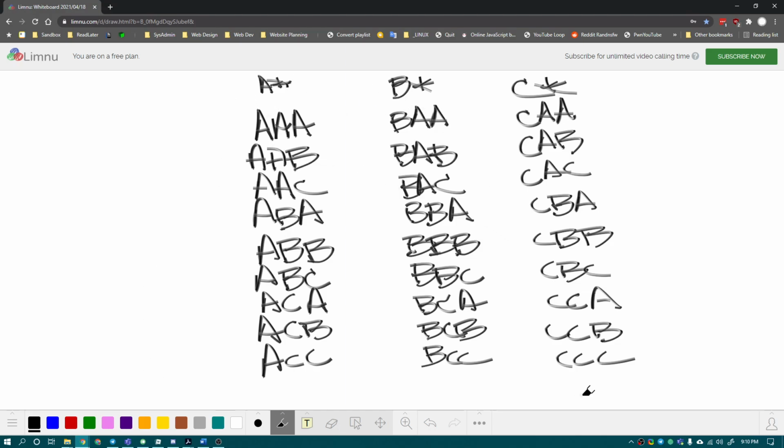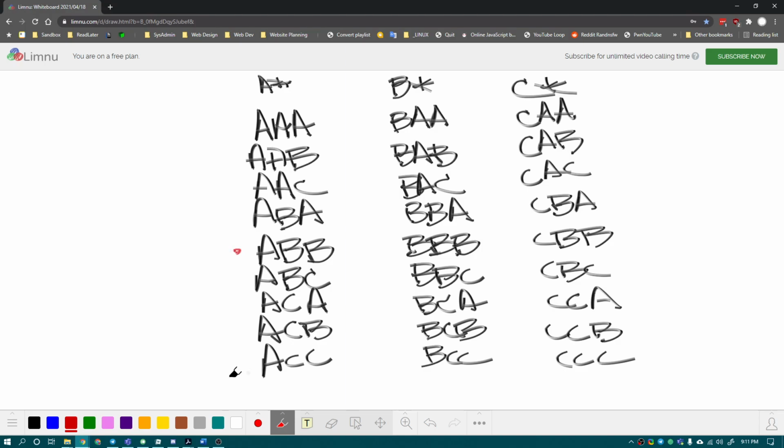And I know for certain that this is every single possibility of three characters that have A, B, C with repetition. So then if I would ask a question like, what is the probability that it has only one A?